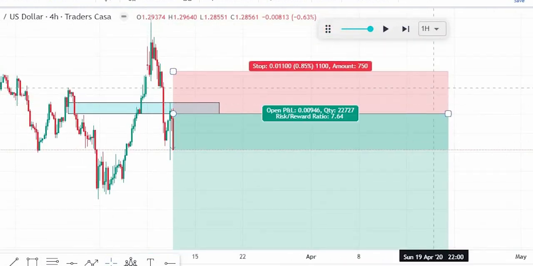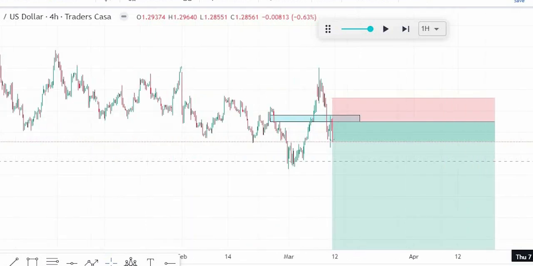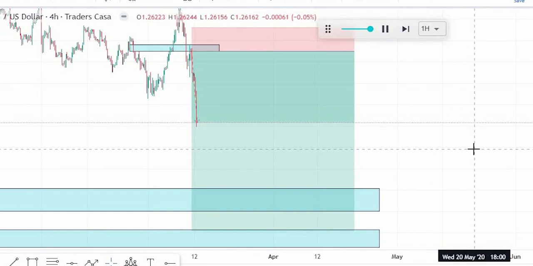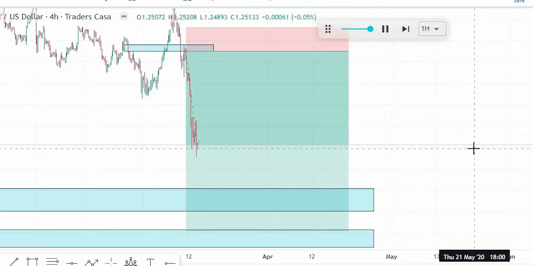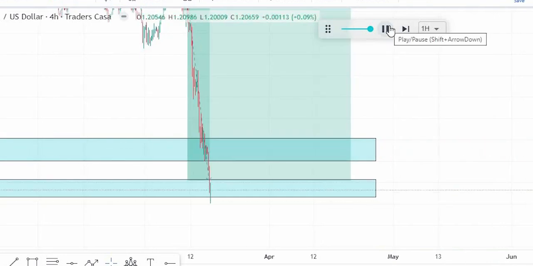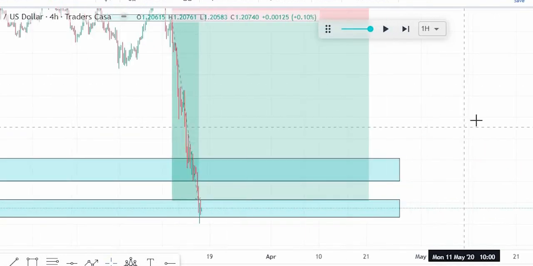And I think we're set to go. So let's see how the market plays out. That's a straight bullet to our TP there.